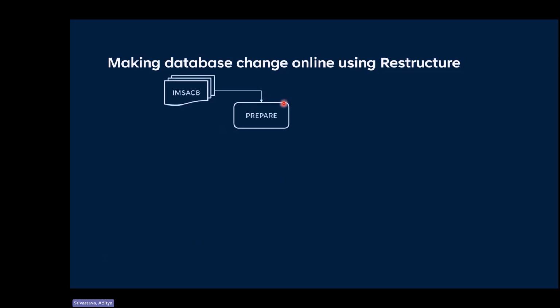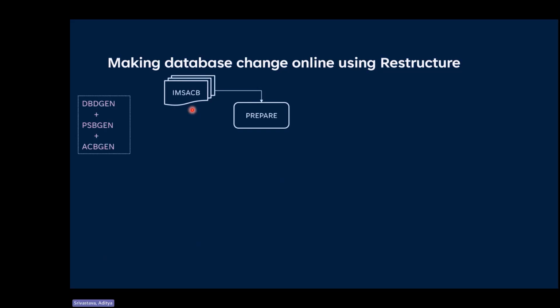So in the ACB Live environment, it reads the existing definitions from the IMS ACB DD name. Okay, or basically it reads it from the IMS where you're running. Prepare can run in both offline and online mode. It basically uses the IMS definitions and reads the existing definitions from there.